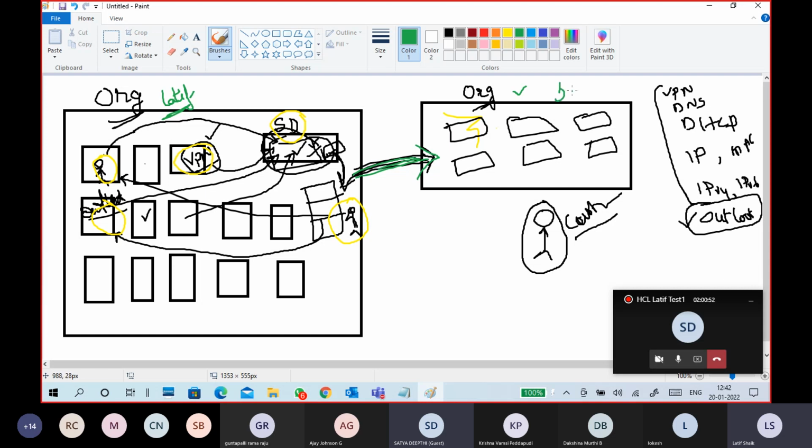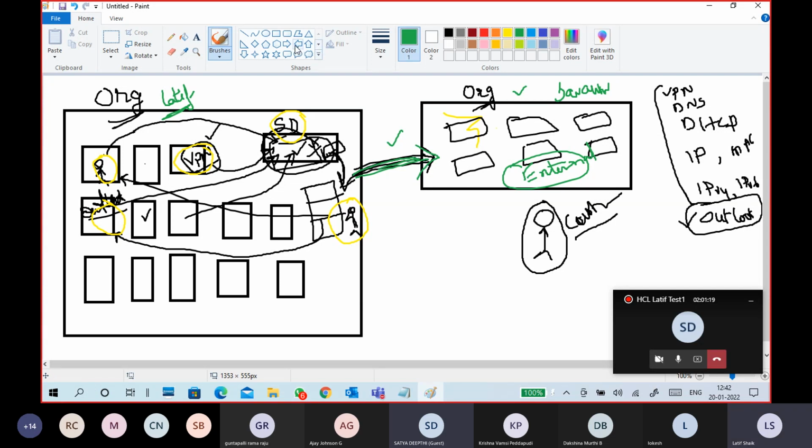This is another organization. So at the organizational level, I am giving services organization to organization. So this particular customer is nothing but an external customer.